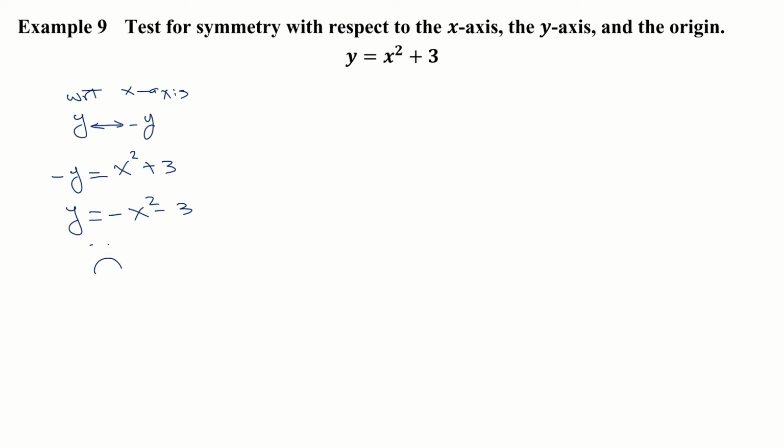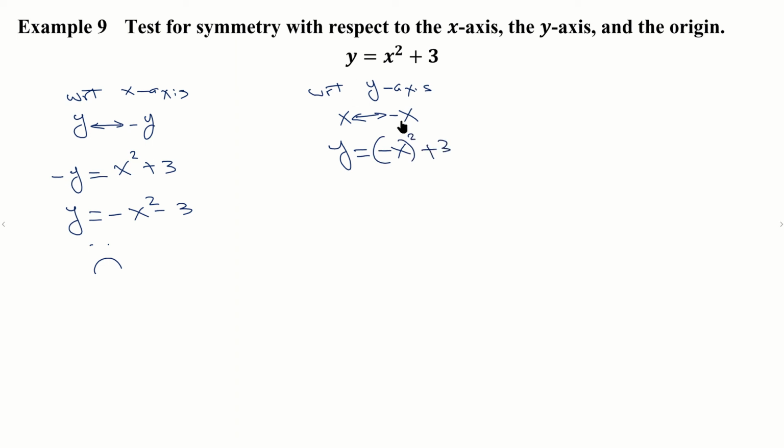How about with respect to the y-axis? Well, if we want to check symmetry with respect to the y-axis, we have to change x with negative x and see if we can get back to the original equation. So y equals, we're going to replace x with negative x.